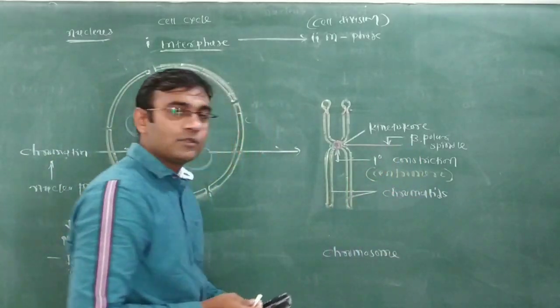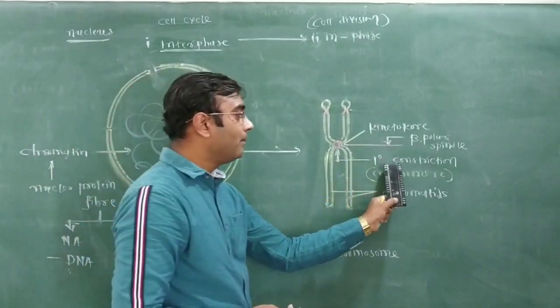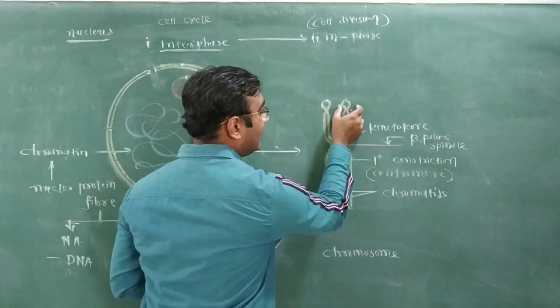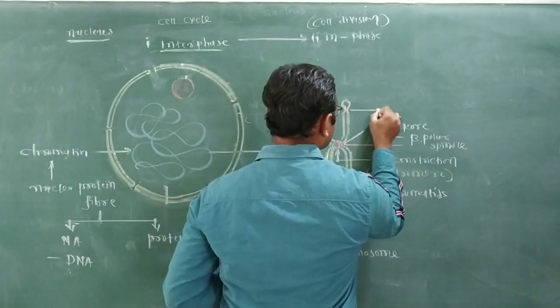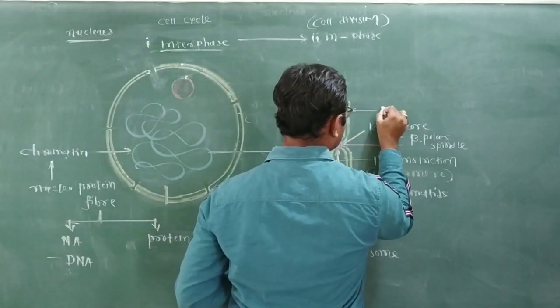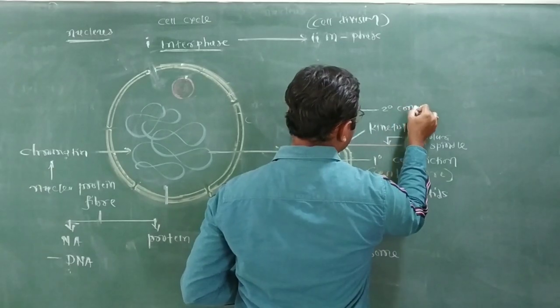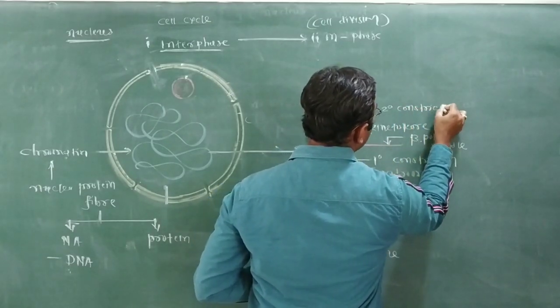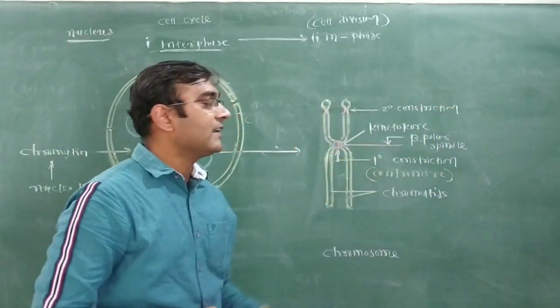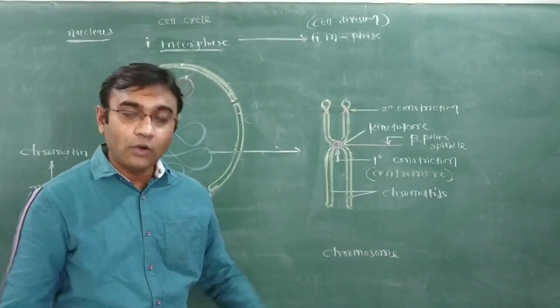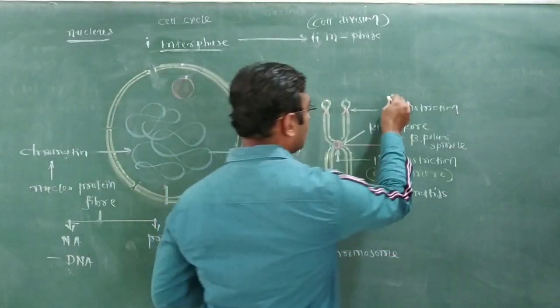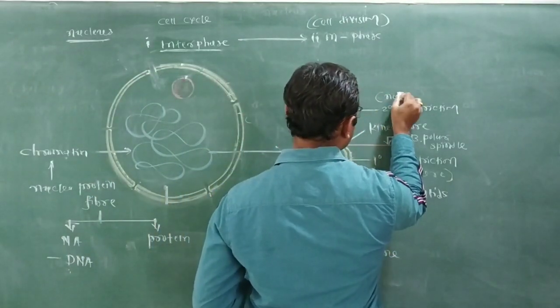Now some chromosomes, over and above the primary constriction, also have a secondary constriction. This secondary constriction is not stained with any dyes or stain, so the secondary constriction is a non-staining region.